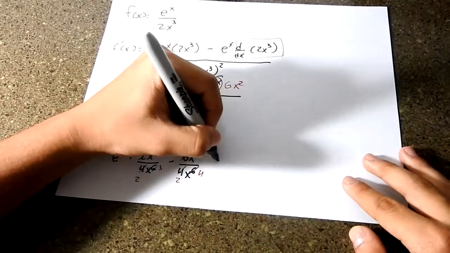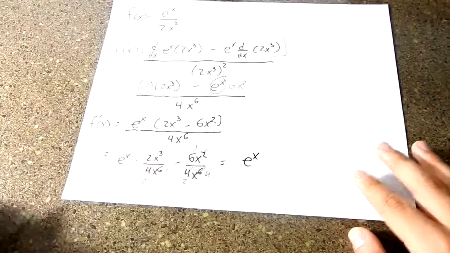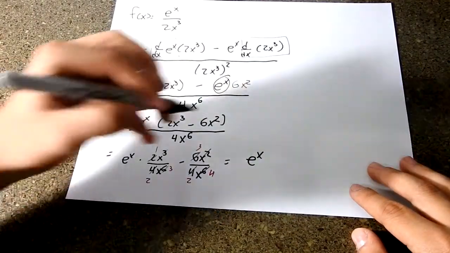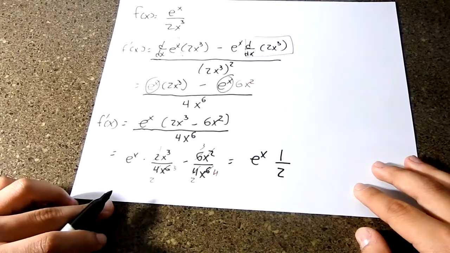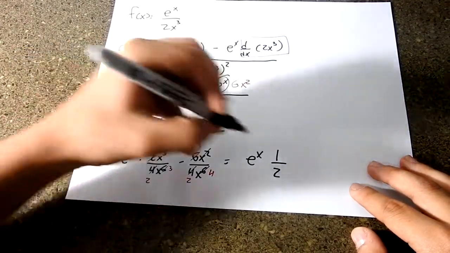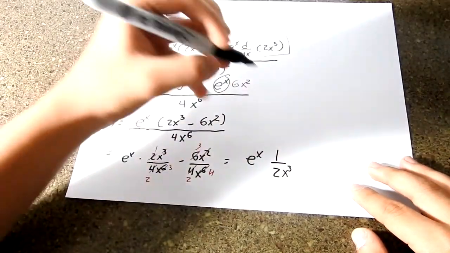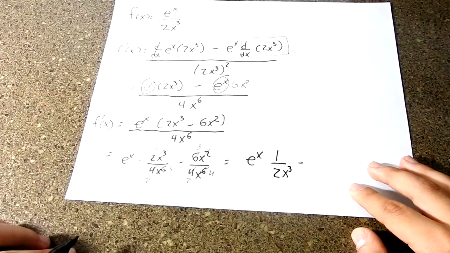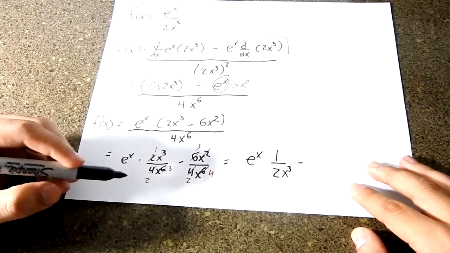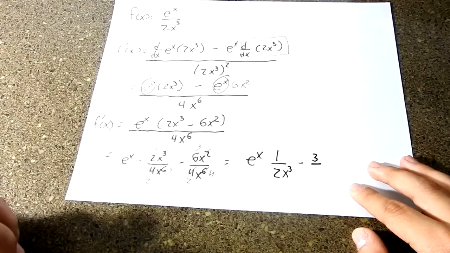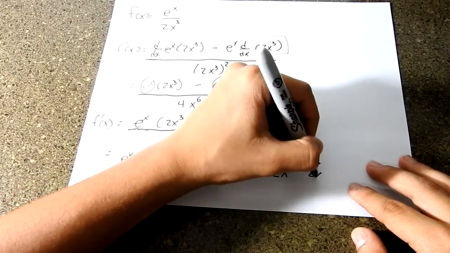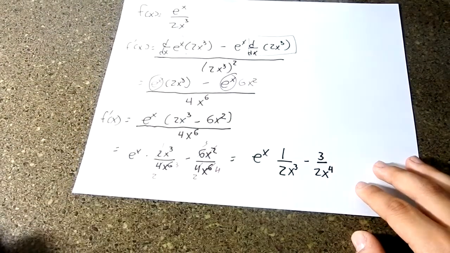So at the end, we have e to the x, and then we have 1/2 over x to the third power minus 3 over 2x to the 4th power.